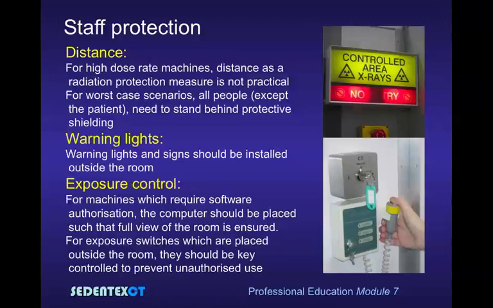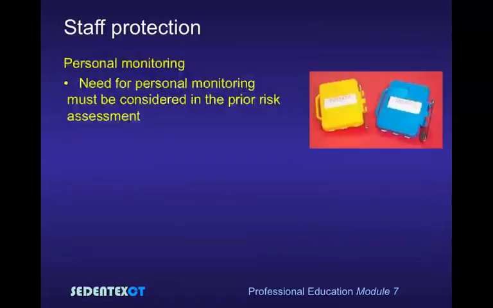And for machines which require software authorization, the computer should be placed in such a position that the operator can maintain full view of the cone beam CT room. Where exposure switches are placed outside the room, they should be key controlled to prevent unauthorized use.